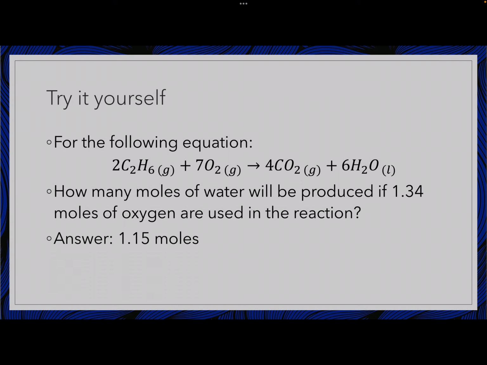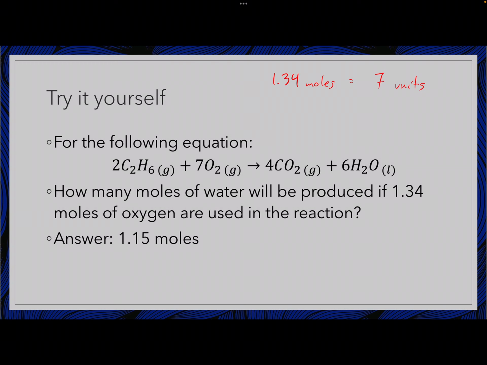How did we get there? Well, 1.34 moles is equal to 7 units. Remember, how many moles of water will be produced if 1.34 moles of oxygen are used? That 1.34 is equal to 7 units because our coefficient of oxygen is 7.